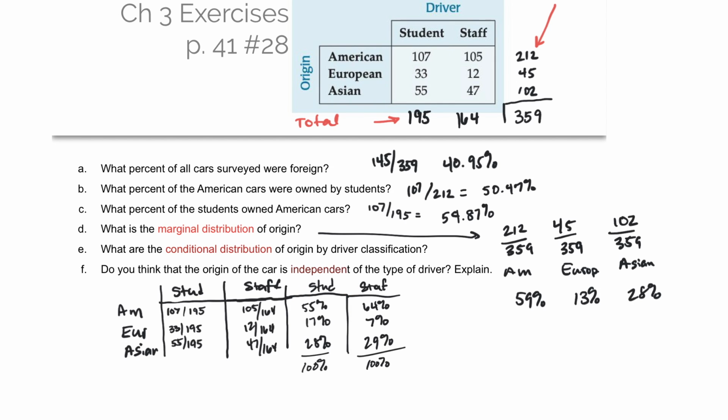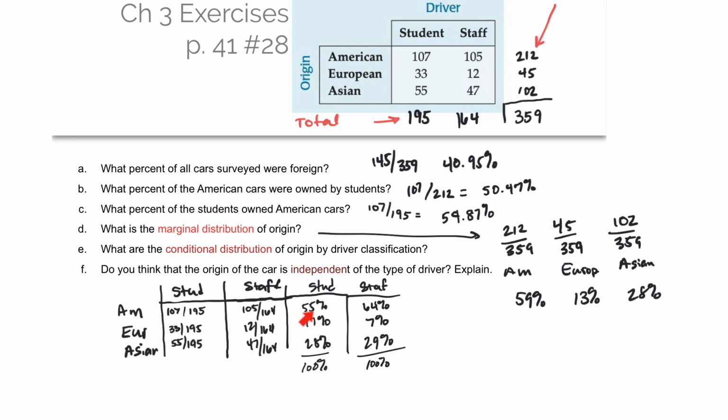If they are, then if I were to go out to a parking lot and look for an American car, then the driver would be independent of the origin. In other words, it doesn't matter. The same percentage of students and staff members drive American cars.